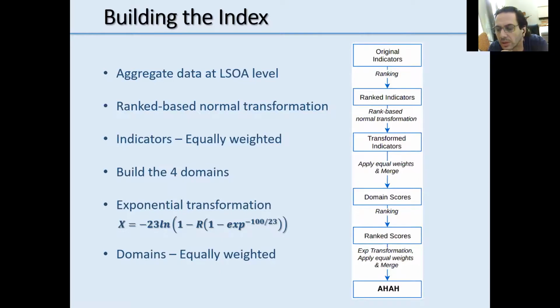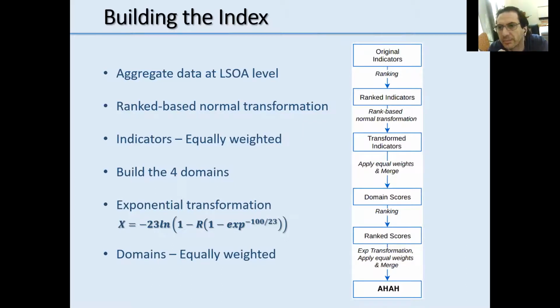So we thought the best approach was to just use equally weighted measures. Having decided this step, you then build the 4 domains that we have in AHAH.